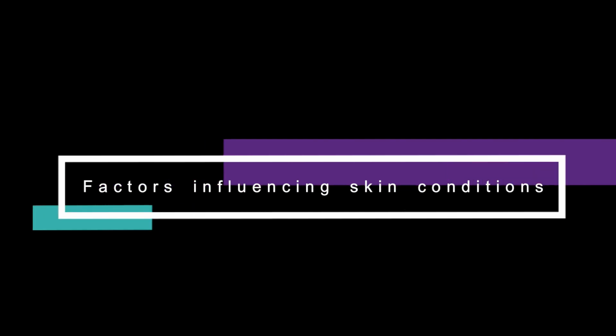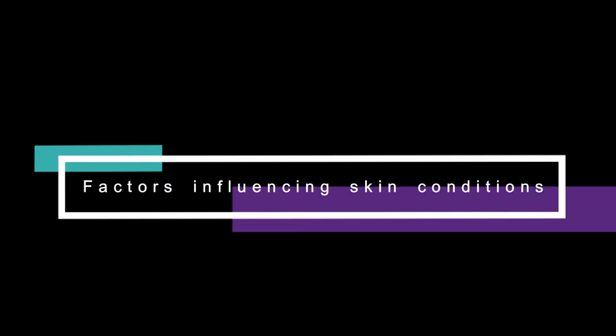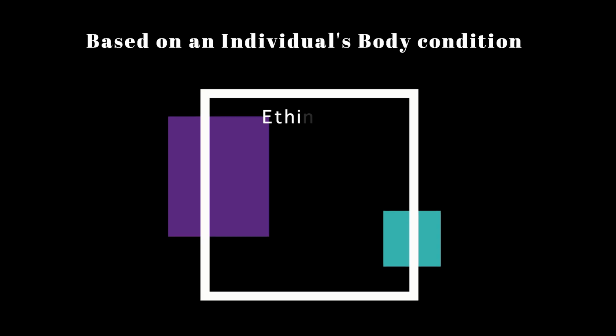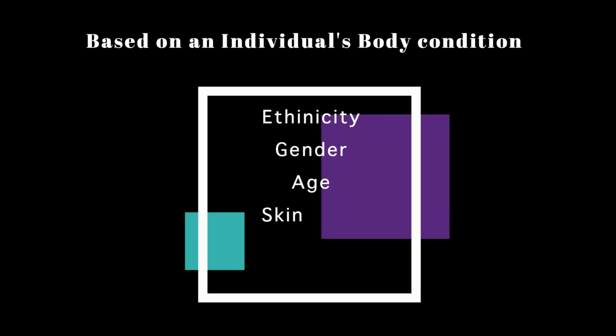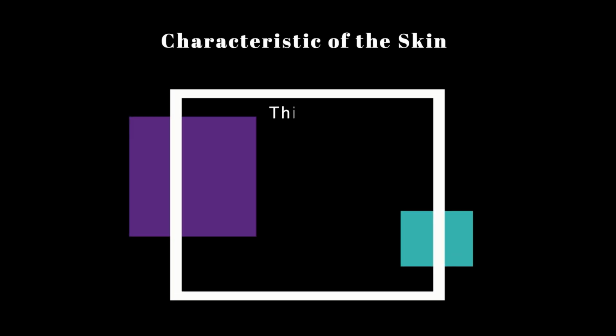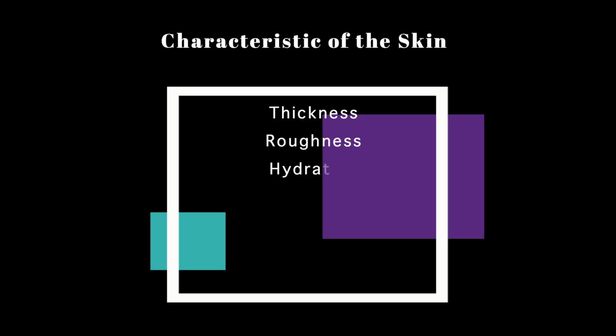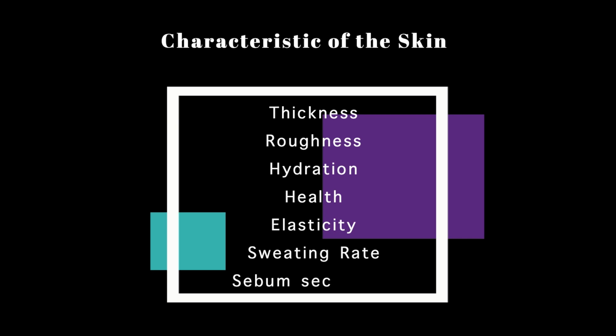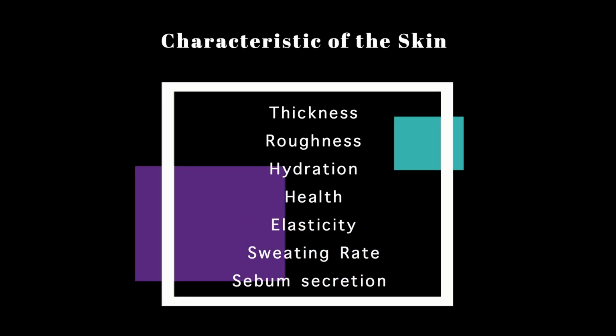Factors influencing the skin conditions. Body-dependent factors such as ethnicity, gender, age, skin type, lifestyle, BMI. Skin characteristics such as thickness, roughness, hydration, health, elasticity, sweating rate, sebum secretion.